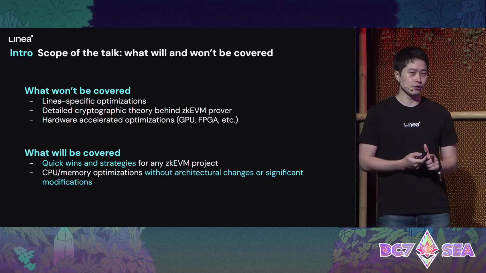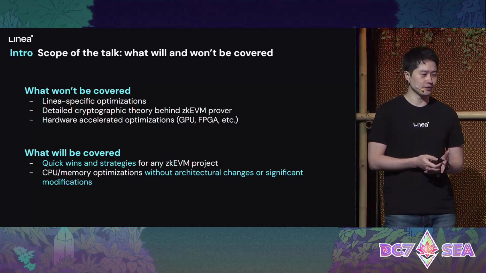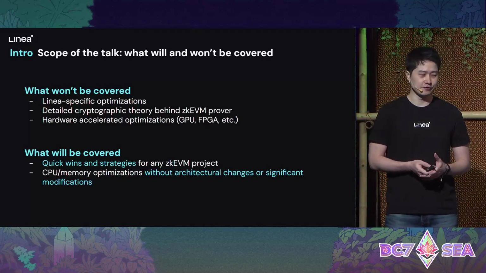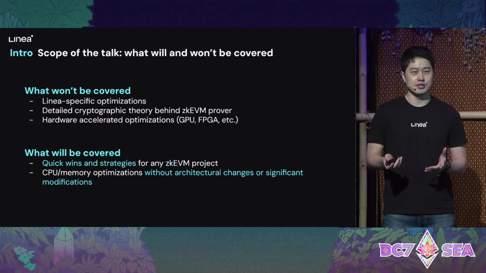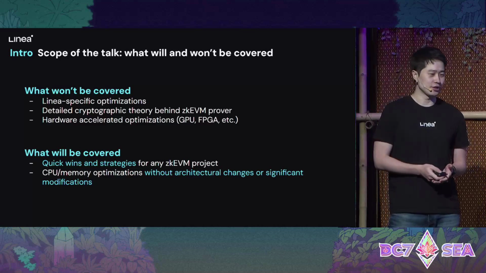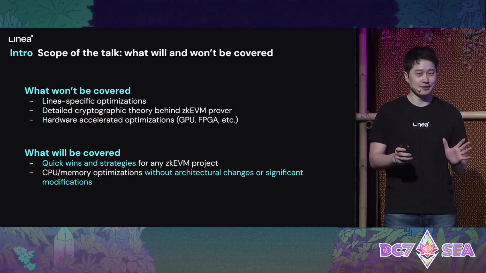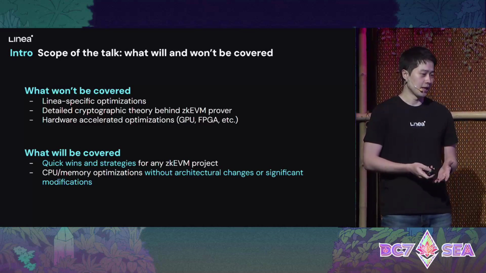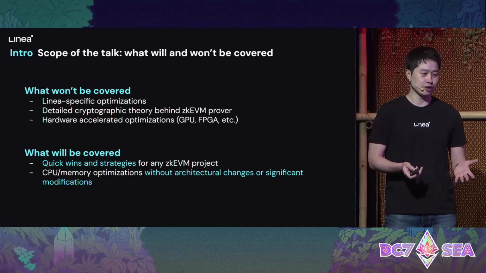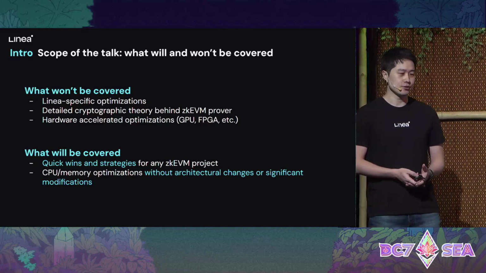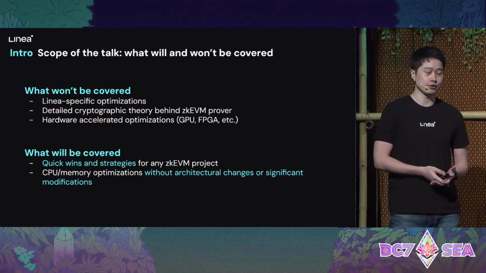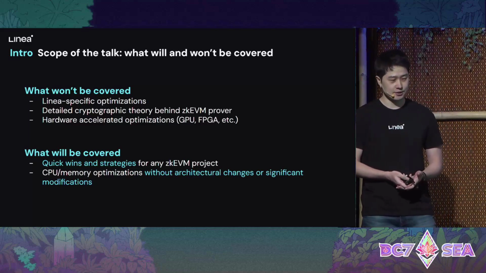In this talk, I will cover what we will and will not cover. First, we will not cover Linea-specific optimizations because, if I share that kind of information, you can't apply that to your project. I'm not going to talk about the detailed cryptographic theory behind our project or ZK-EVM. And also, I will not share hardware-accelerated optimizations.